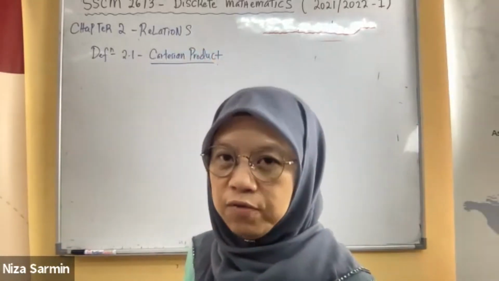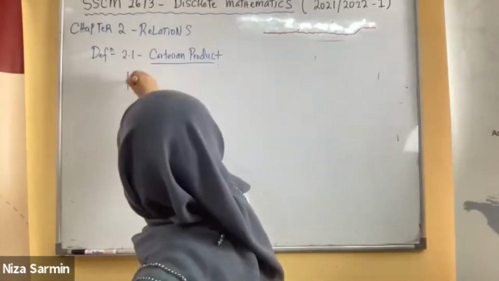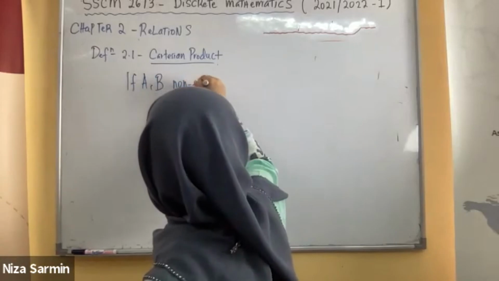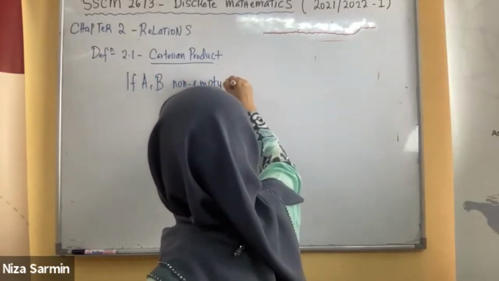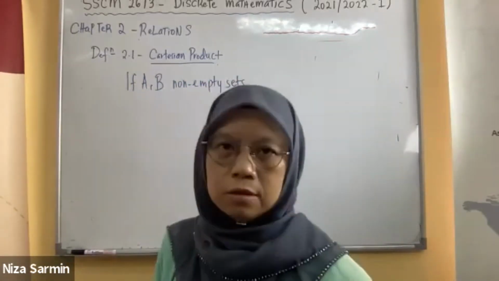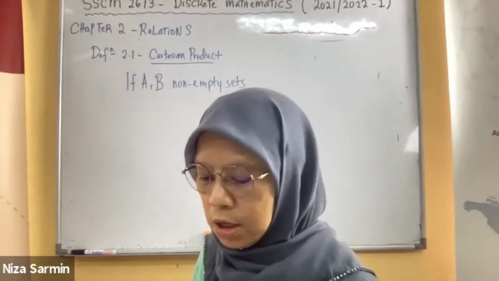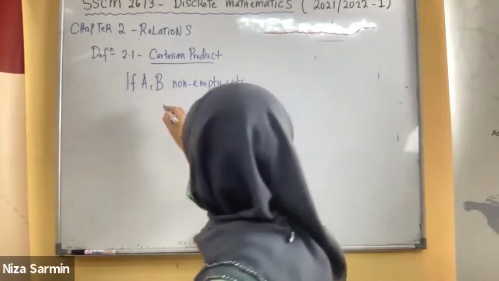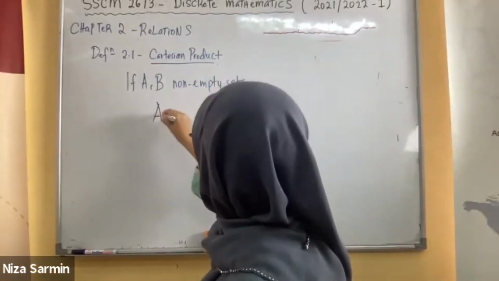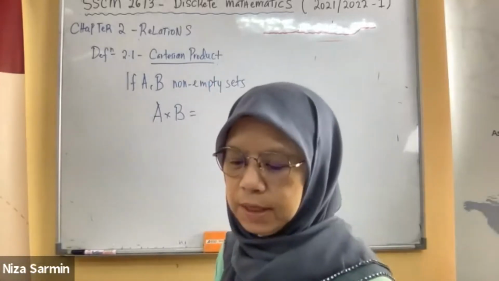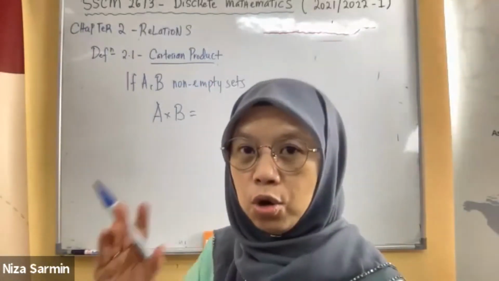So if you have A and B, non-empty sets. So they have to be non-empty. Now, the Cartesian product of A and B is defined to be all ordered pairs.